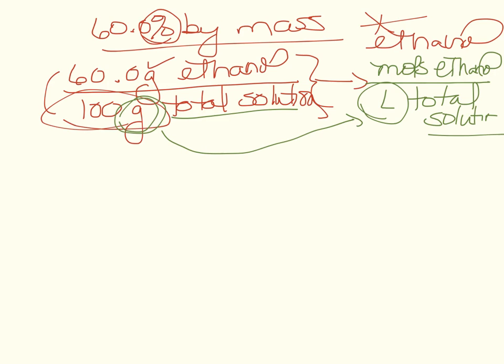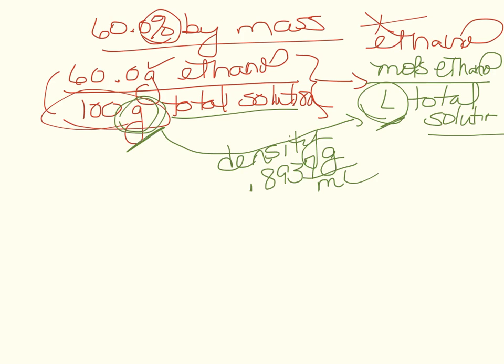And remember, I said anytime you're going from mass to volume or vice versa, you use density as a conversion factor. And the density will always be given to you. That's not something you could ever know on your own. And so the density is 0.8937. There are 0.8937 grams of the solution in 1 milliliter of the solution.